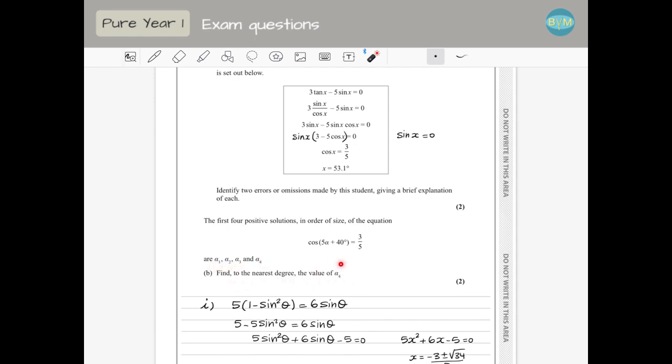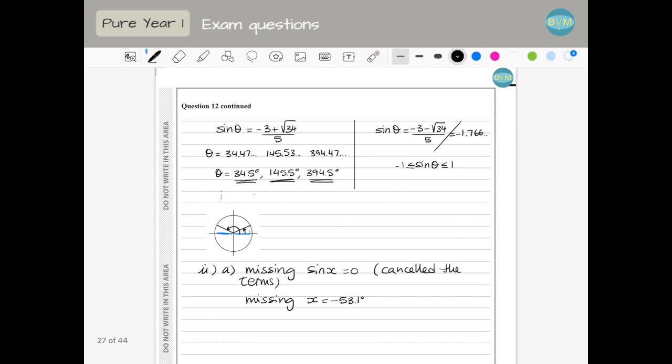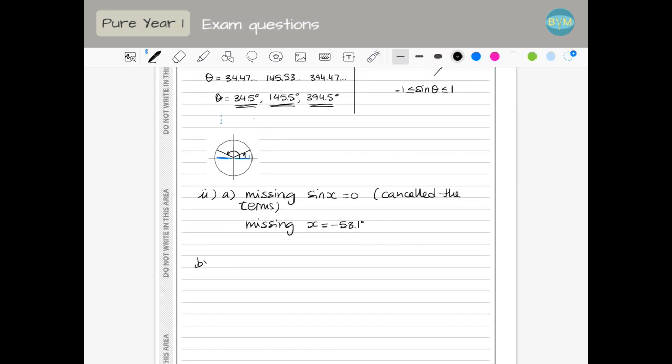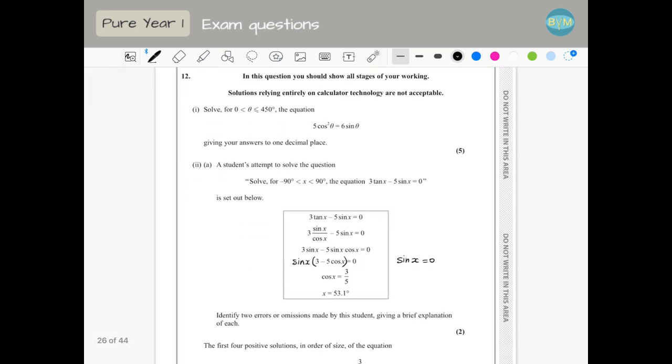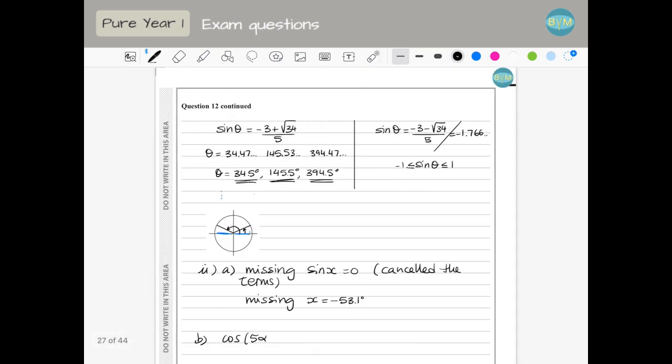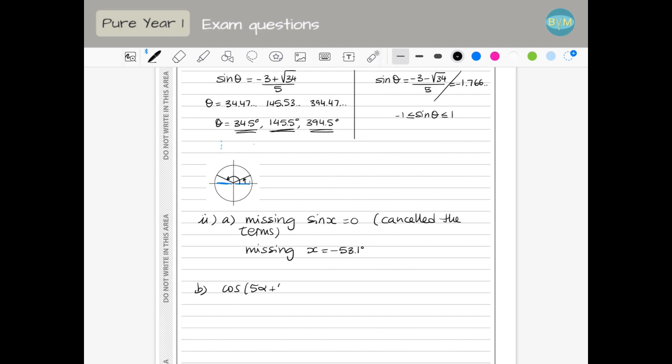Then the first four positive solutions in order of size of this equation are these four. Find to the nearest degree the fourth one. So this is part B: cos of 5 alpha plus 40 equals 3/5.